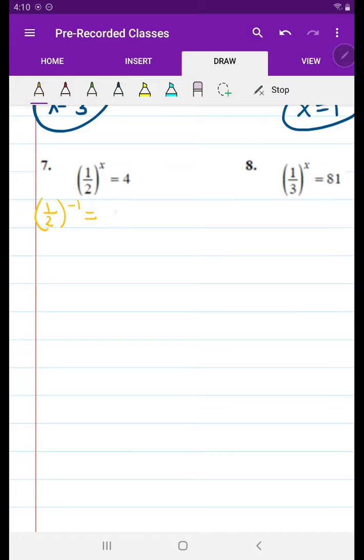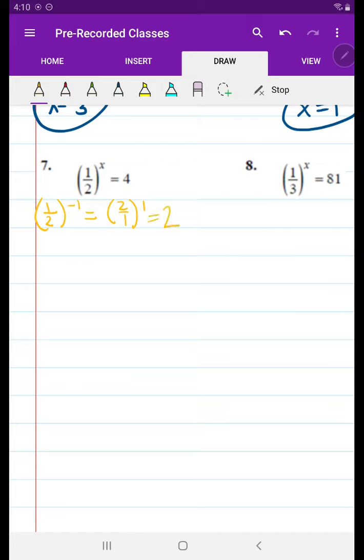it would be 2. Well, wait a second here. If we flip that, it'll be 2 over 1 raised to the positive 1. You can flip the fraction and flip the sign, and then that's a 2.